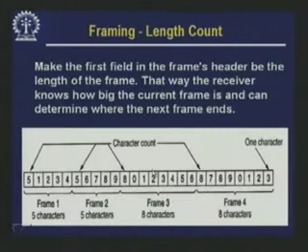One is framing by length count. Make the first field in the frame's header the length of the frame. That way the receiver knows how big the current frame is and can determine when this frame ends. So if frame 1 is 5 characters, you write 5 over here, then 1 2 3 4 5 characters.